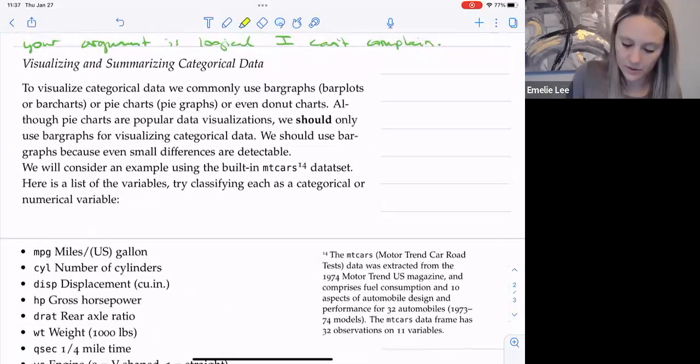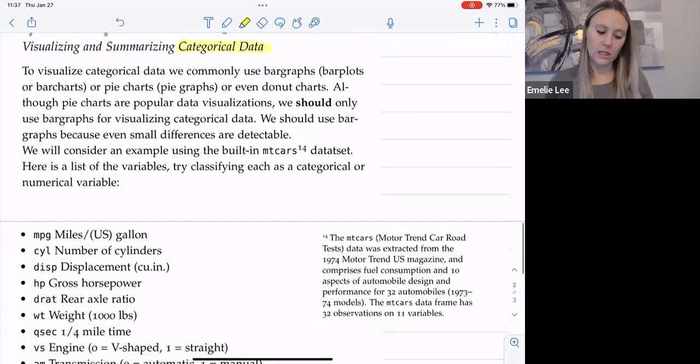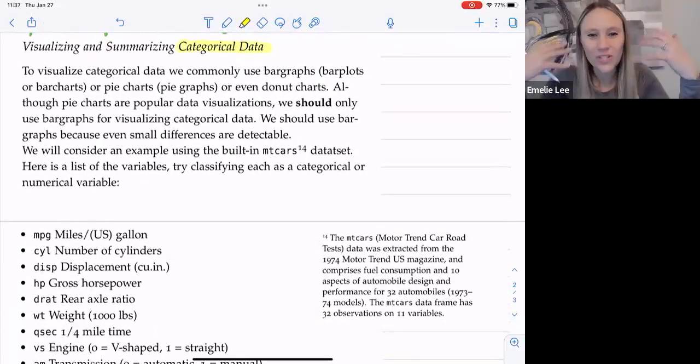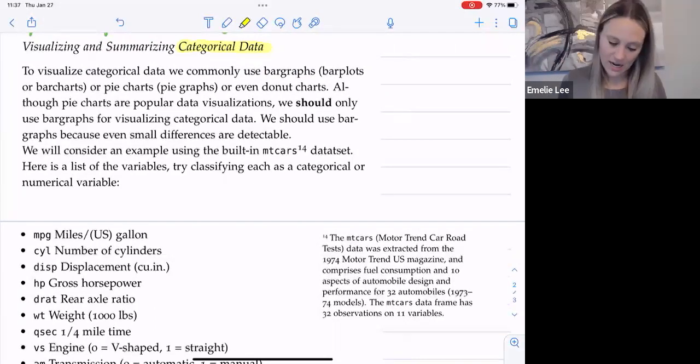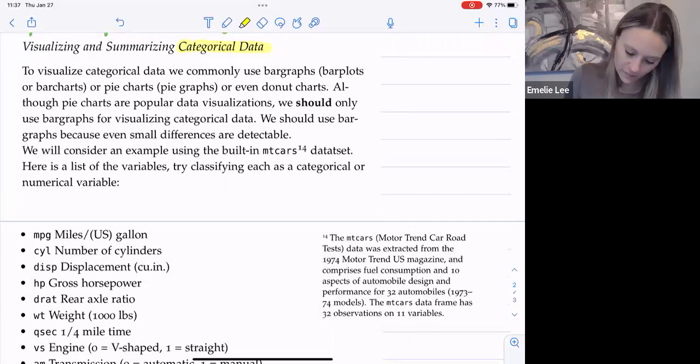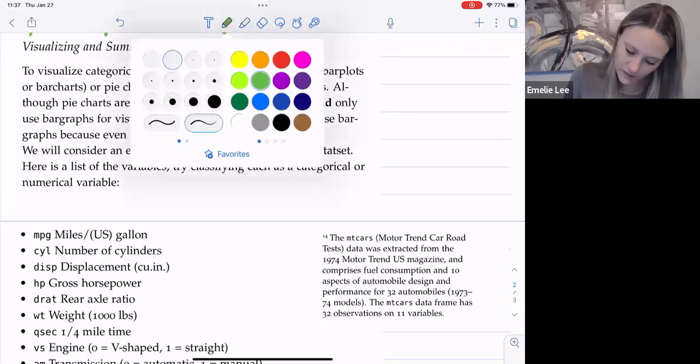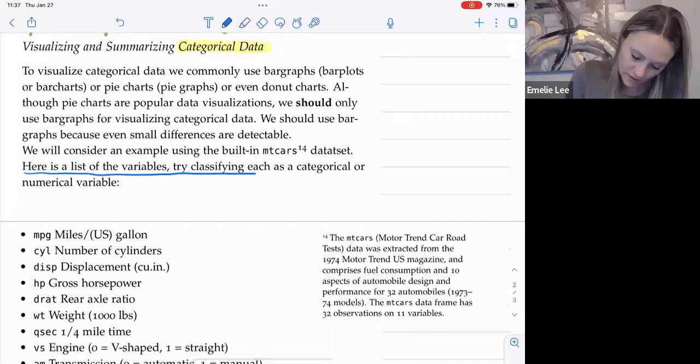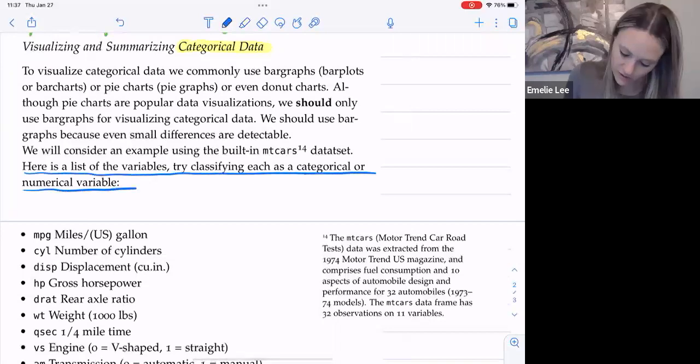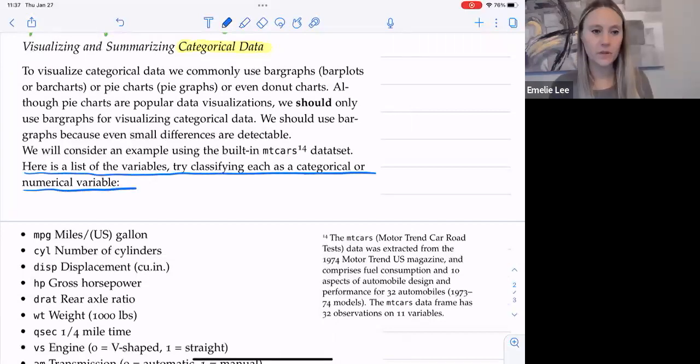Okay, so for categorical data, and we'll get to it more, we should visualize using a bar graph. And I think I talked about it in the video, but we're going to talk about it again. But for now, let's just focus on identifying categorical and numerical variables.